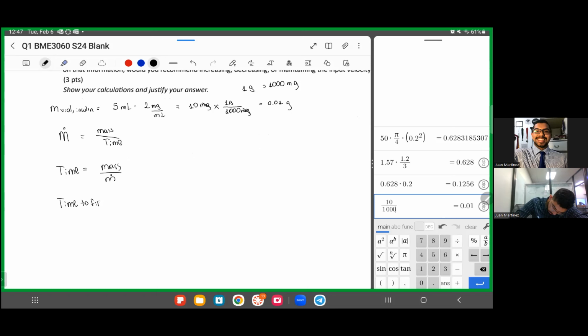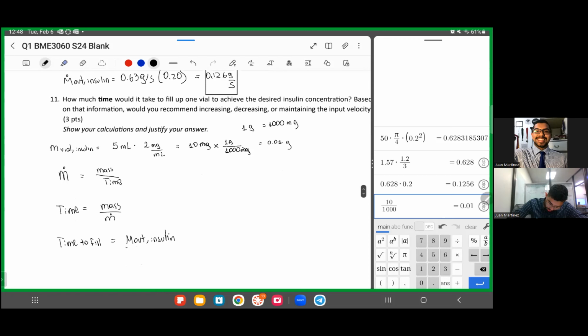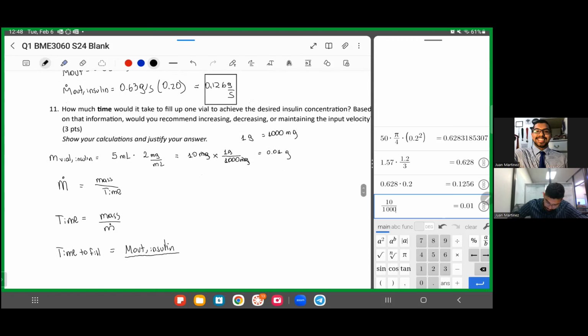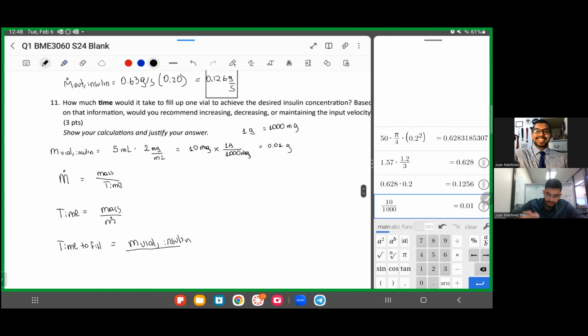So the time to fill is going to be equal to the mass out of insulin, the desired amount of insulin that we want in the vial, which we call M vial of insulin, divided by the mass flow rate out of insulin that we calculated previously.